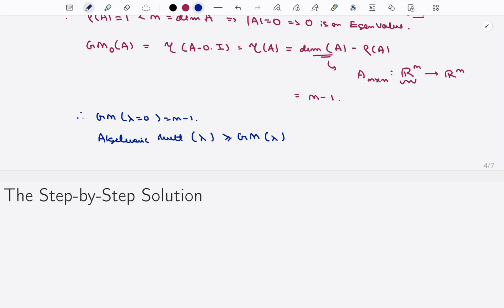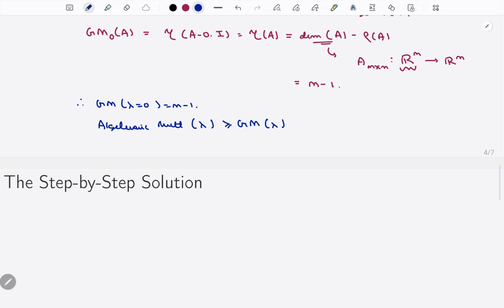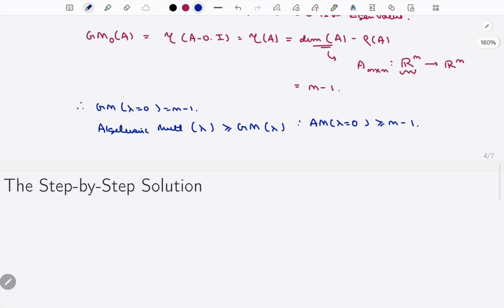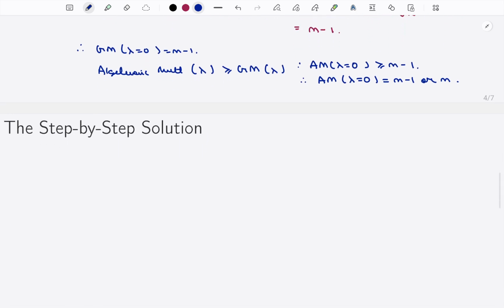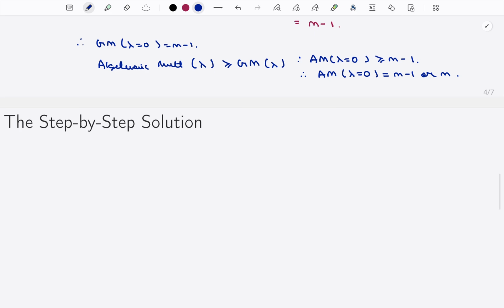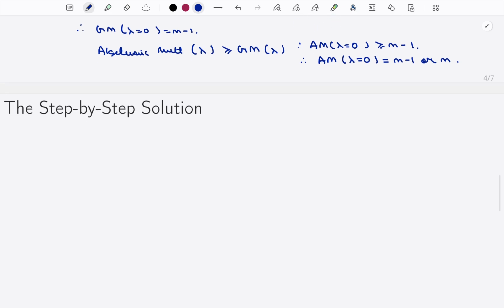Nevertheless, we do not require that here. Therefore, the algebraic multiplicity of lambda equal to 0 must be greater than or equal to n minus 1, so it is either n minus 1 or n. Because the dimension itself is n, it can at most be n, and at least n minus 1. This is what we actually require, and now we'll see that we are done.